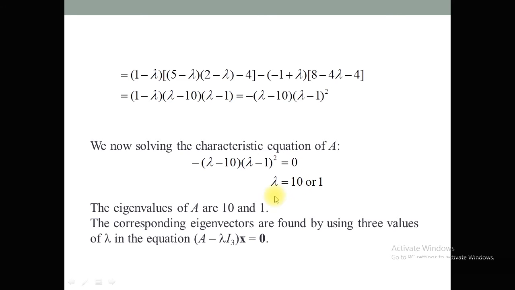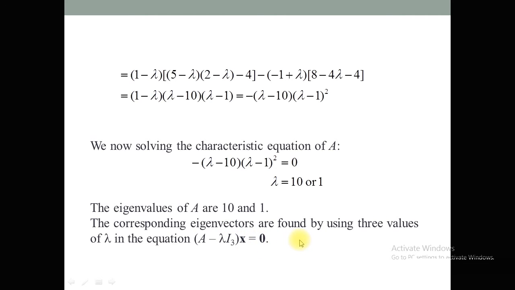Now from this equation, we put the matrix A, put the value of lambda, suppose 10 or 1, multiply with the identity matrix, and then subtract this matrix from the matrix A and then multiply with the vector x, we obtain a homogeneous system.